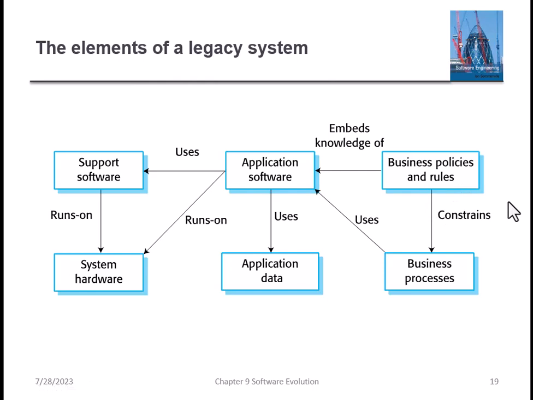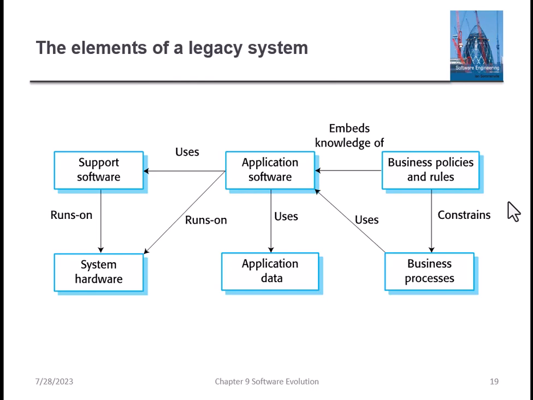Whenever we use some application, there is some goal behind it, and that goal comes from the business needs or requirements, or business policies and rules. So based on the business rules, policies, and needs, a goal originates, and we develop application software.